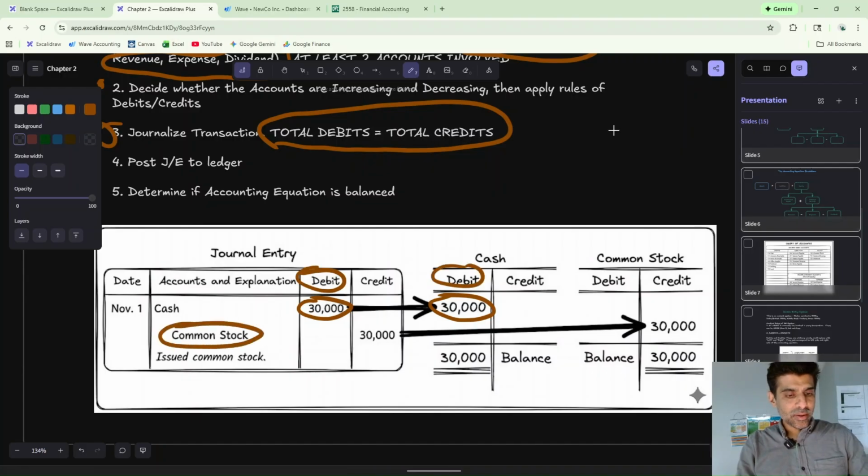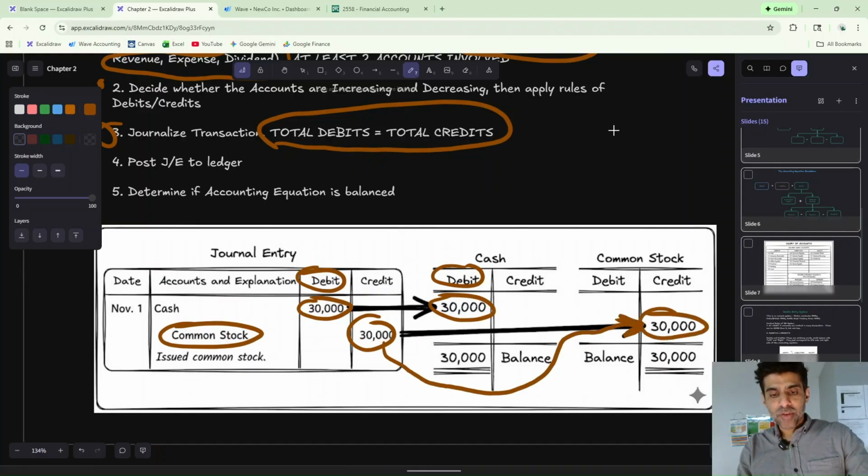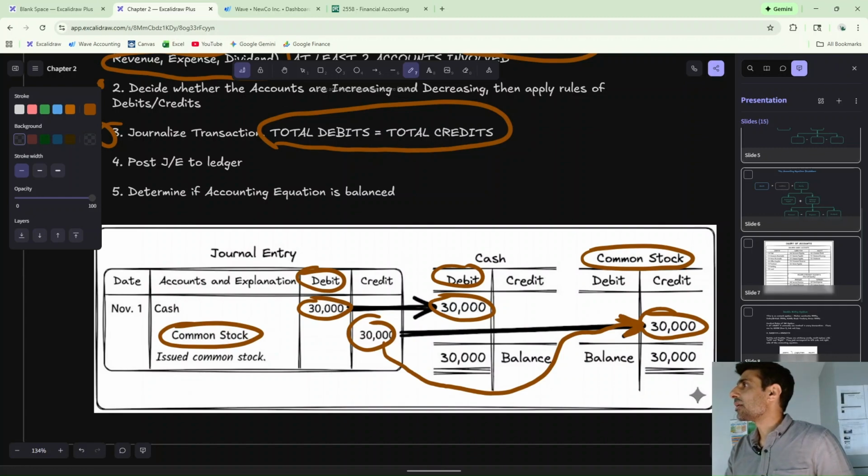Common stock is getting credited, and we're going to make sure that this is posted to the credit side of common stock. So now we have an updated balance for cash and for common stock.